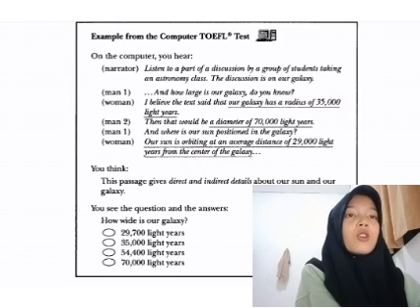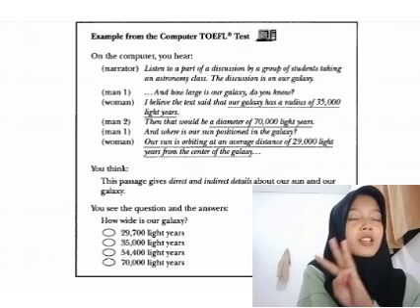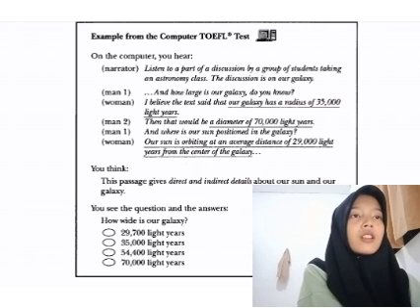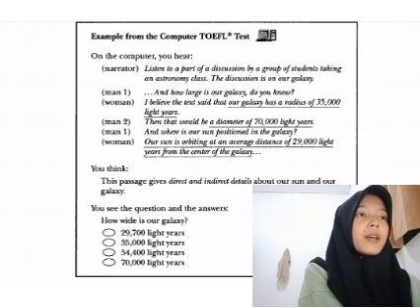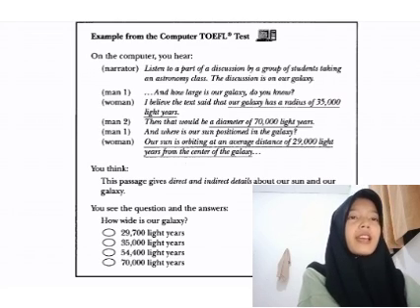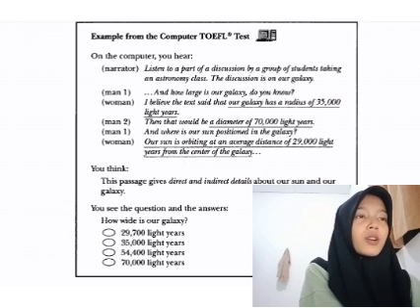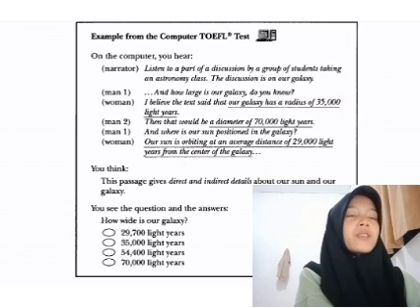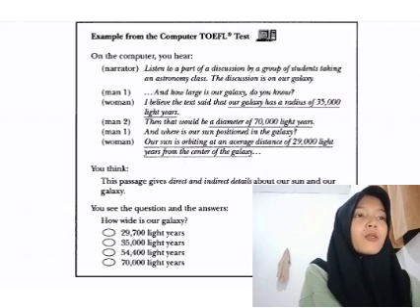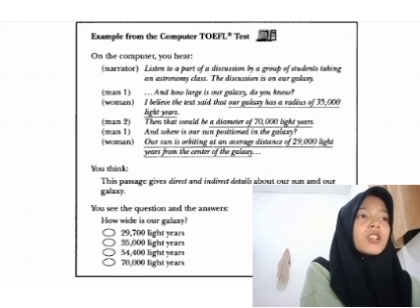Narrator, man 1, woman, and man 2. So there are 3 people. Narrator: listen to a part of a discussion by a group of students taking an astronomy class. The discussion is on our galaxy. Man 1: And how large is our galaxy, do you know? Woman: I believe the text said that our galaxy has a radius of 35,000 light years.